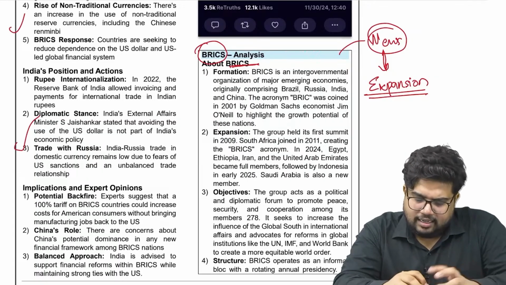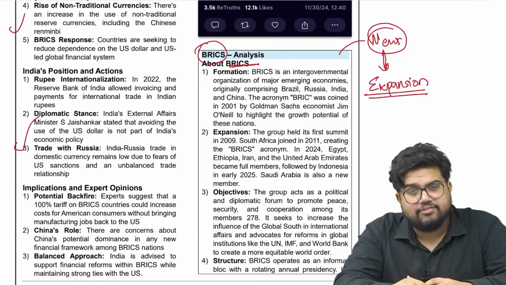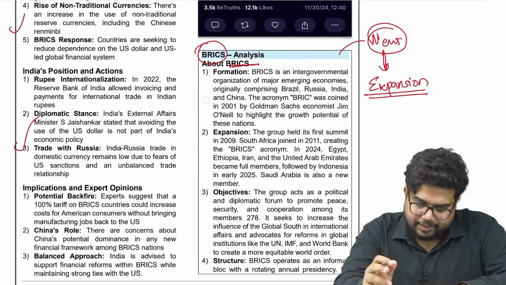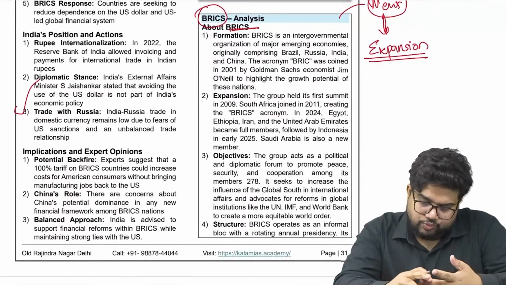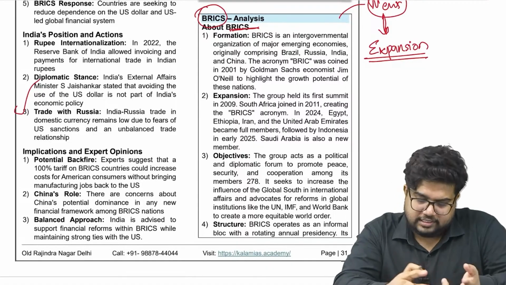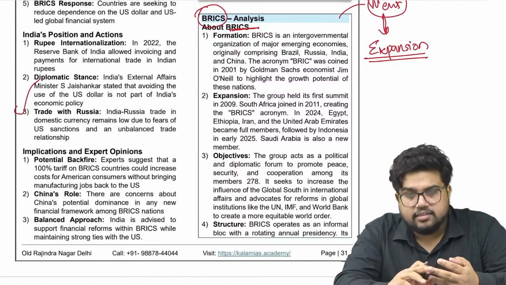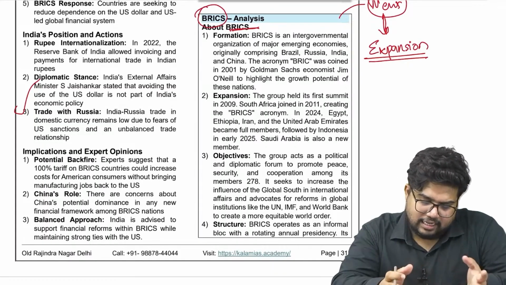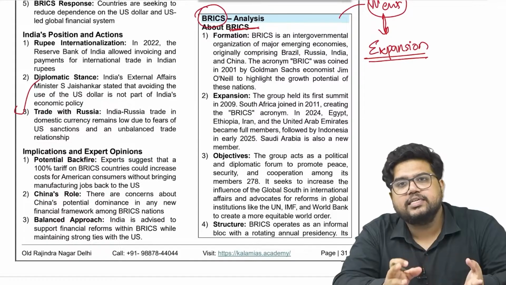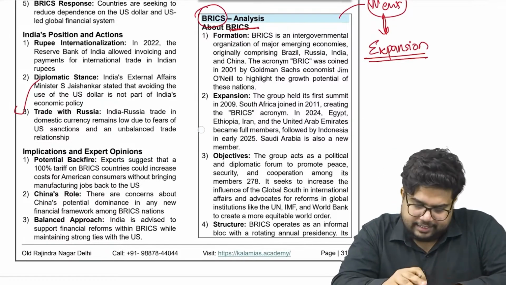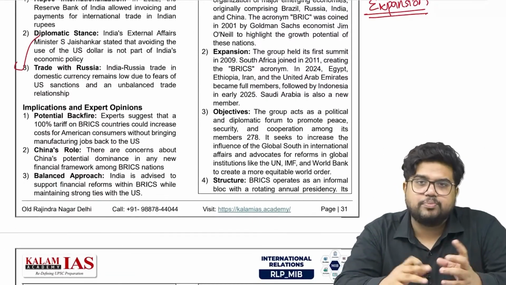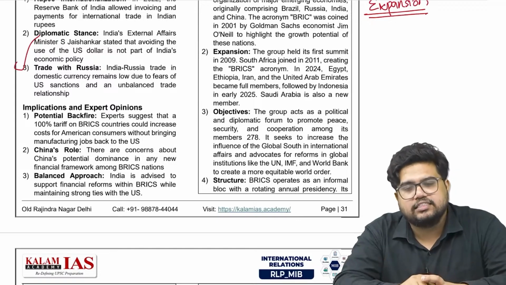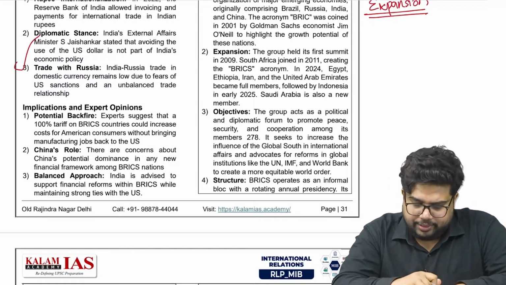That is BRIC, and later in 2011 South Africa also joined it, making it BRICS. But now in 2024 a lot of countries like Egypt, Ethiopia, Iran, UAE, all these members have entered BRICS. Indonesia also is a member to enter into the BRICS membership. So it's expanding and becoming a considerable heavyweight global body.